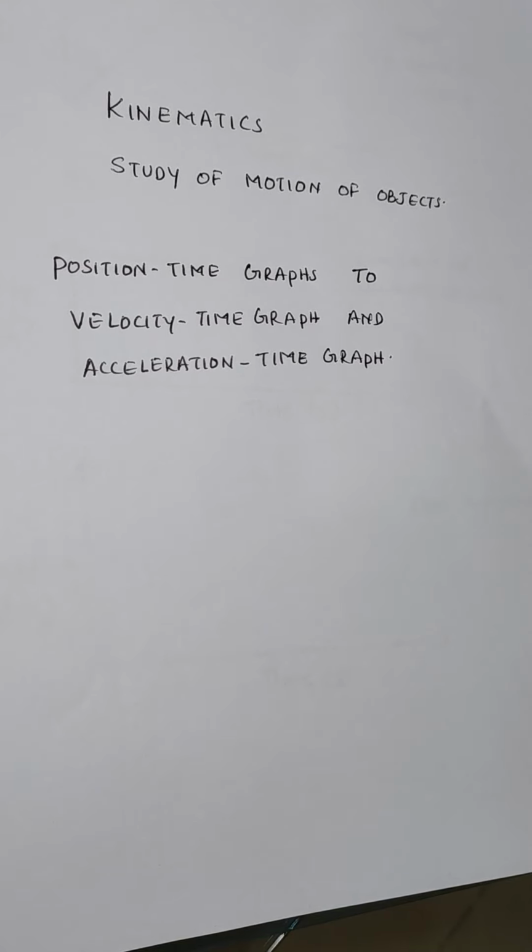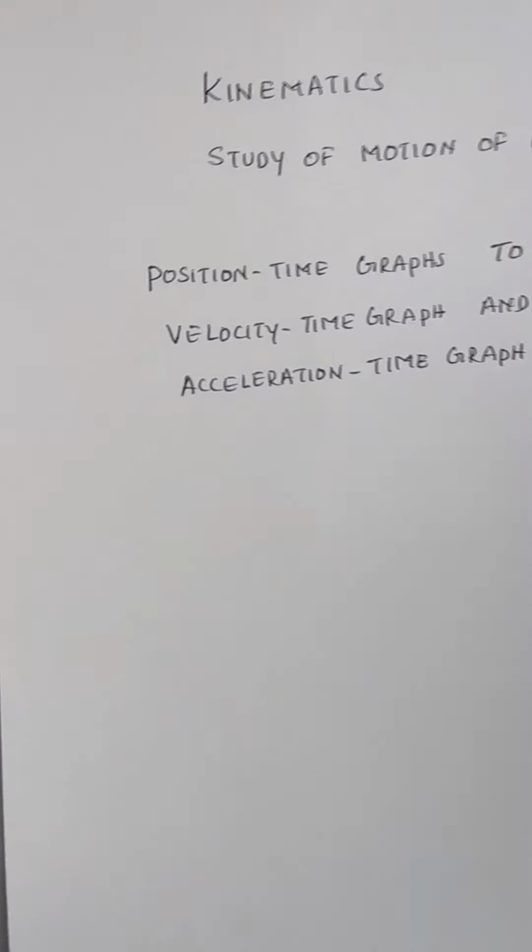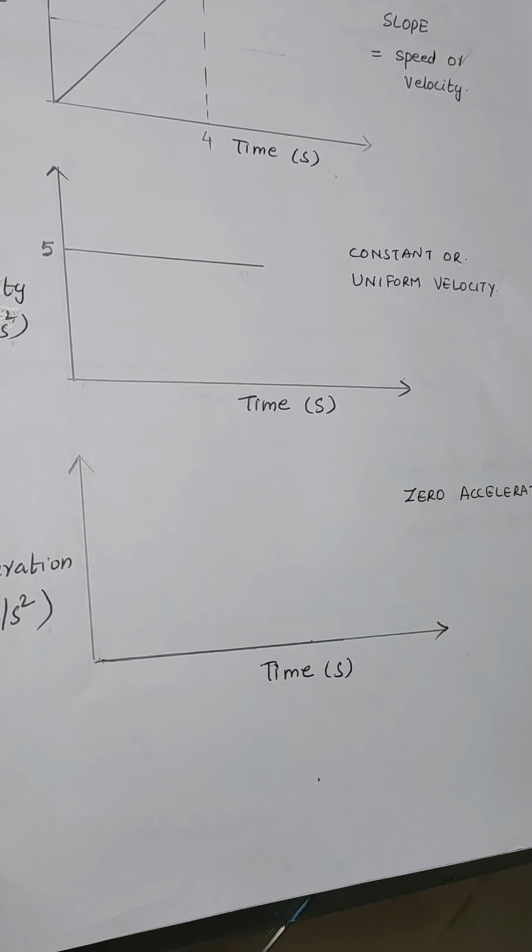Dear students, today's topic is finding velocity time graph and acceleration time graph from the position time graphs under the topic kinematics, which means the study of motion of objects. Let us take a few examples.